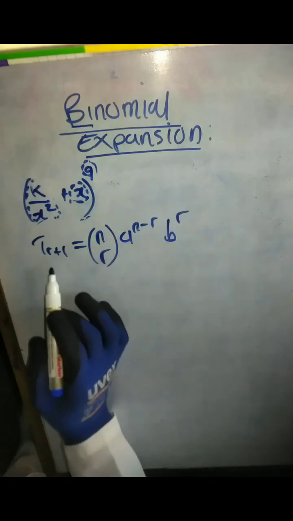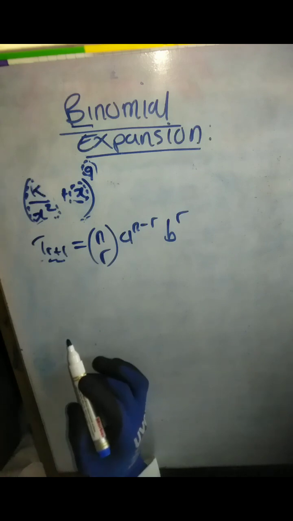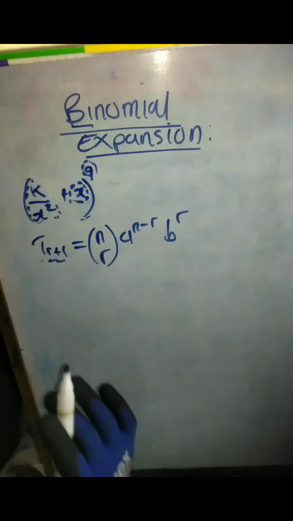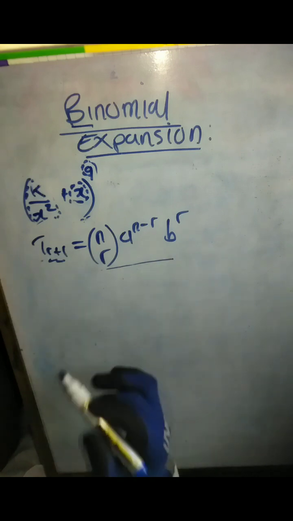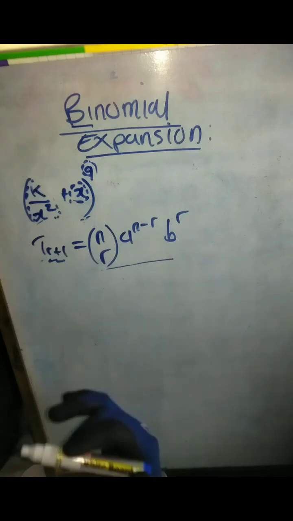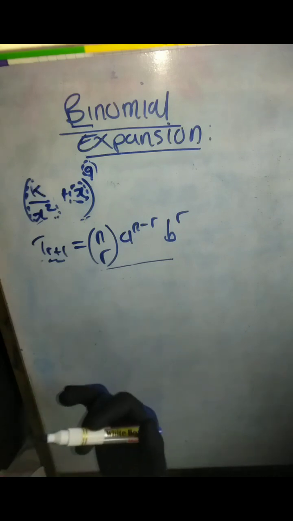Now this is the whole term. So the term which is independent of x, like I said, this formula is used to find the coefficients or the terms which are independent of x. That's the use of the general formula.